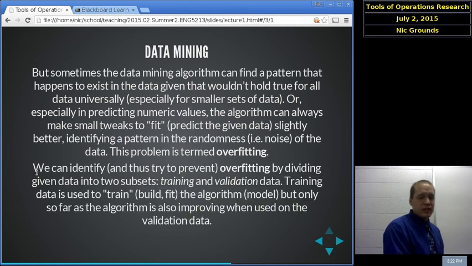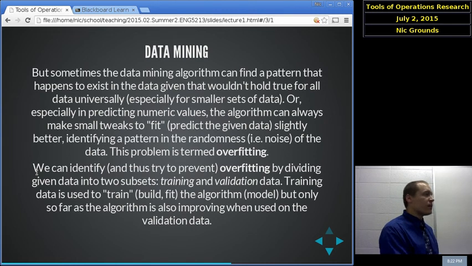The way we handle this problem is we're going to take the data and divide it into two subsets. So we call this partitioning. We're going to name those two subsets the training data and the validation data. Broadly speaking, we're going to apply the data mining algorithm on one subset, the training subset.